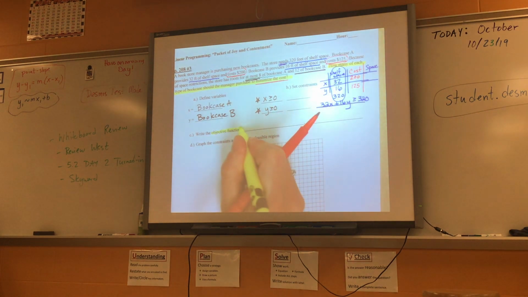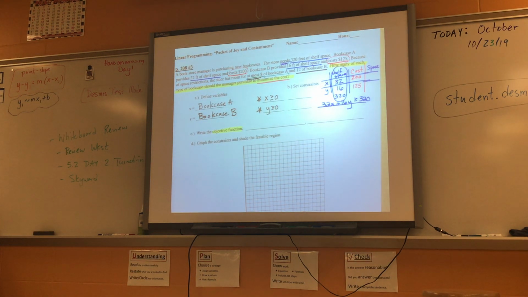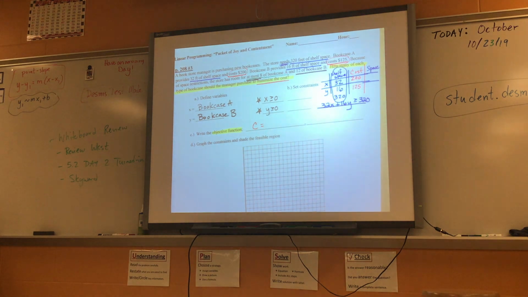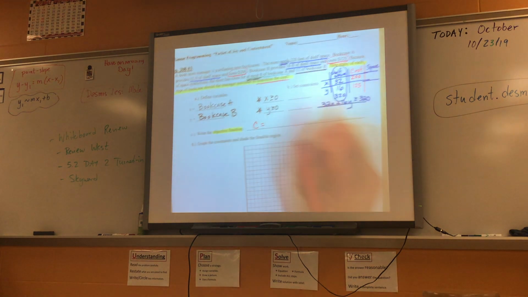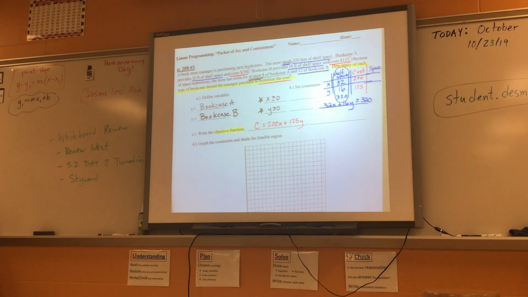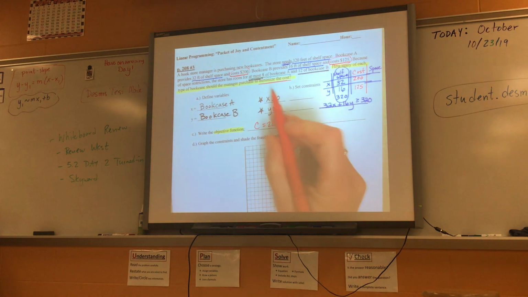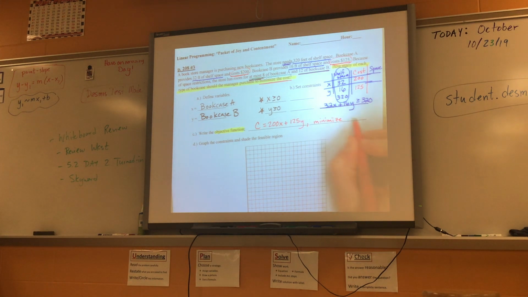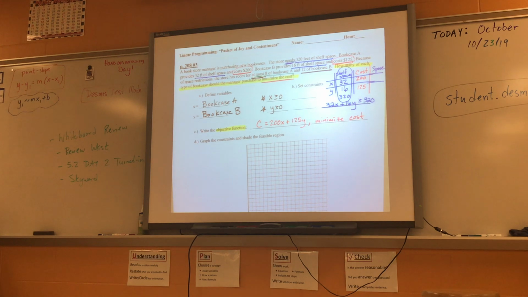The last sentence is usually your objective. So I'm going to say C equals, our cost equals 200 of X plus 125 of Y. Those are the bookcase costs, and the goal is to minimize. So you're really just filling in the information for this problem.